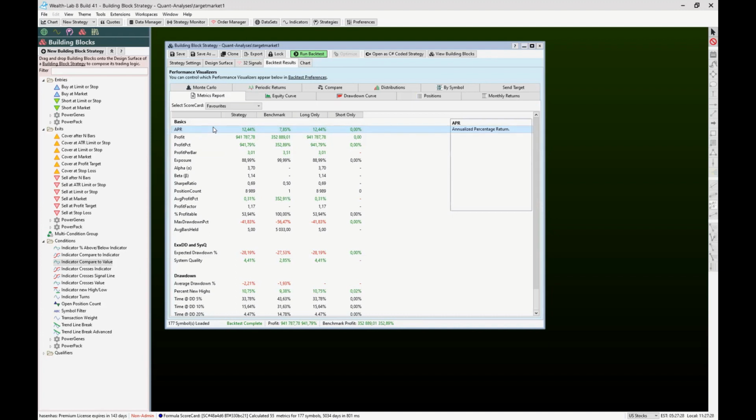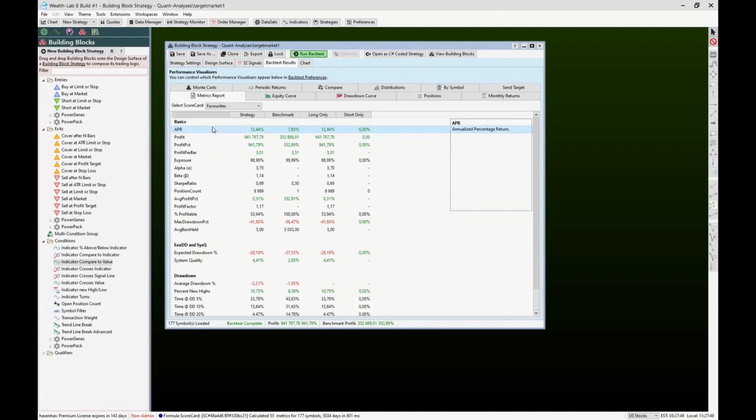We had 4.17% before, and now we have more than 12%. So that might be a first hint that it's better to buy the losers of the last day. But of course, we have too little information to determine this. We have to do more research.